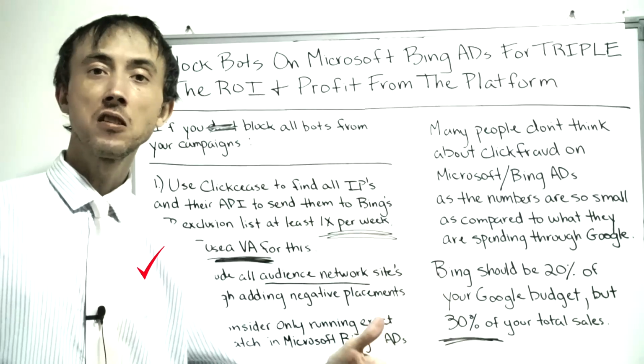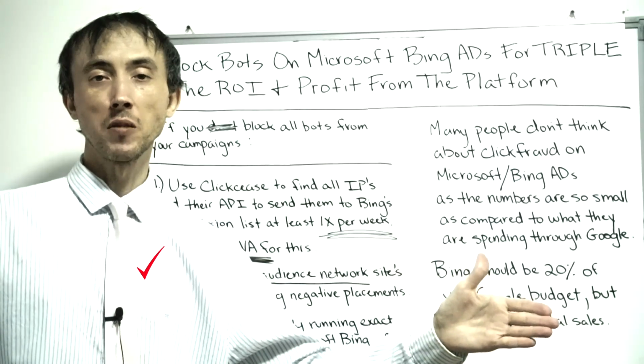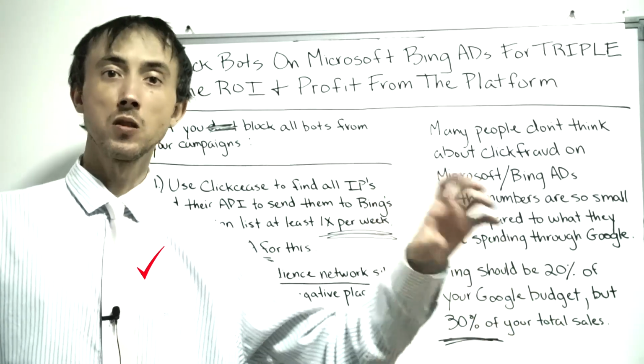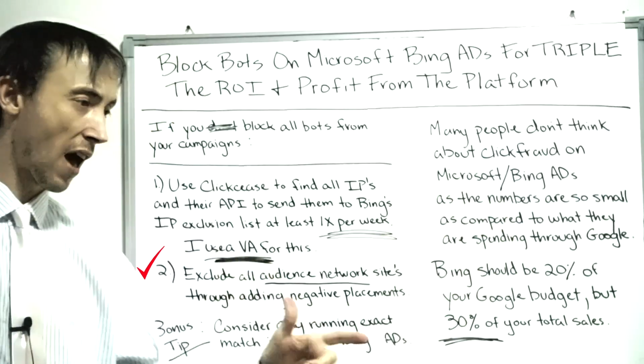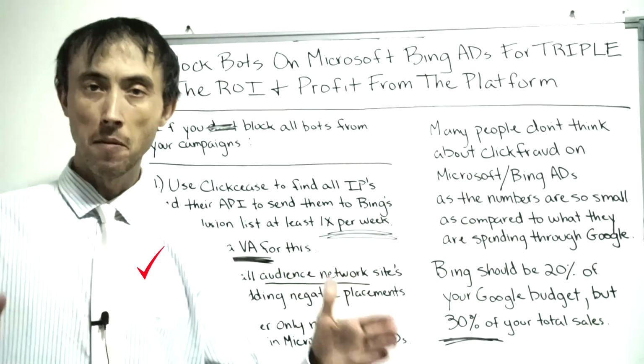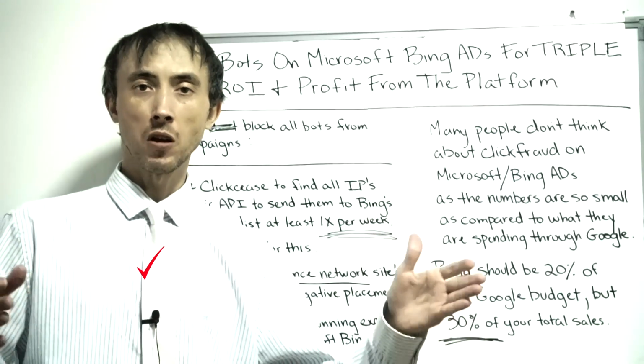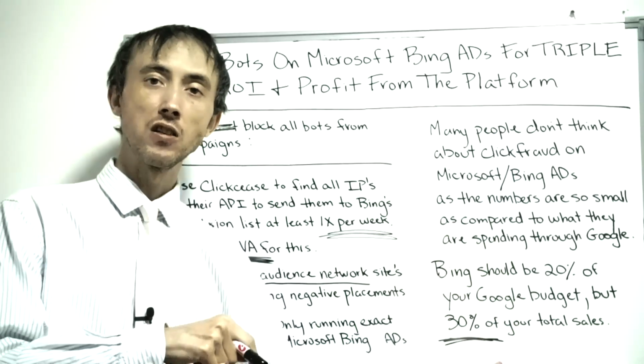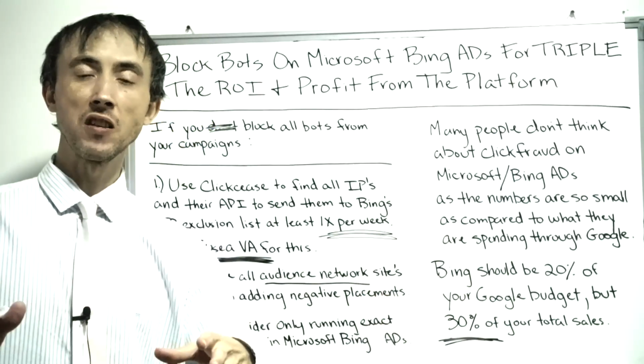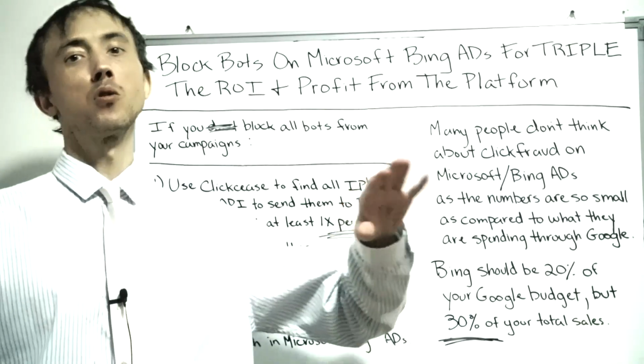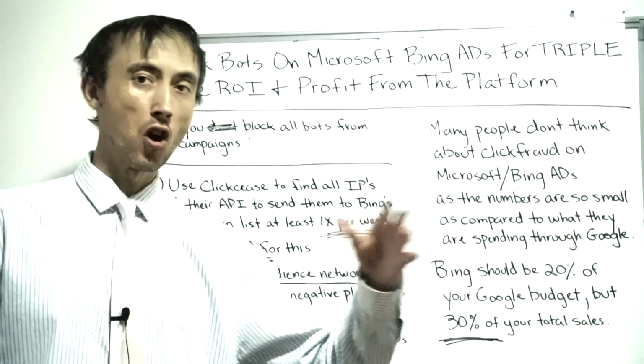With the right system, you can block 99+% of them with one simple small change to your account, and that is you get a master Audience Network placement exclusion list applied to your account so that you don't show up on these goofy websites like exosites.com that nobody goes to.